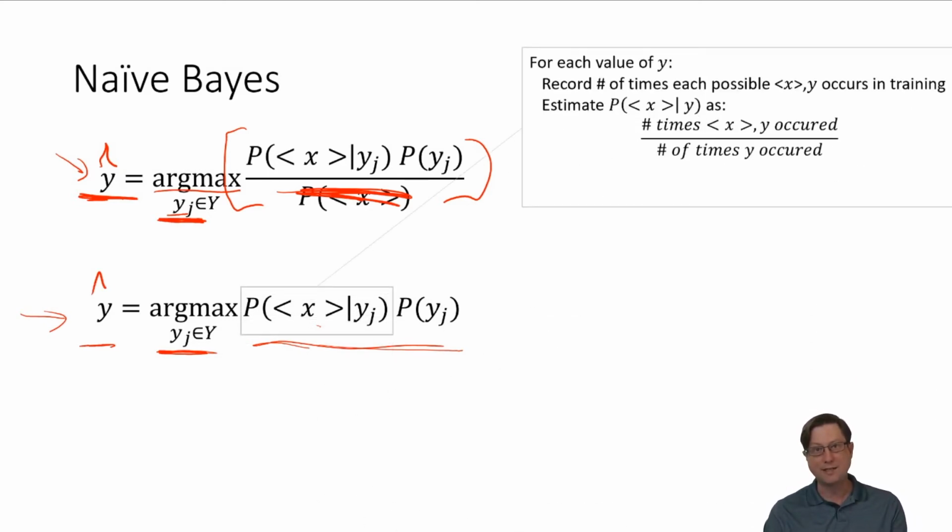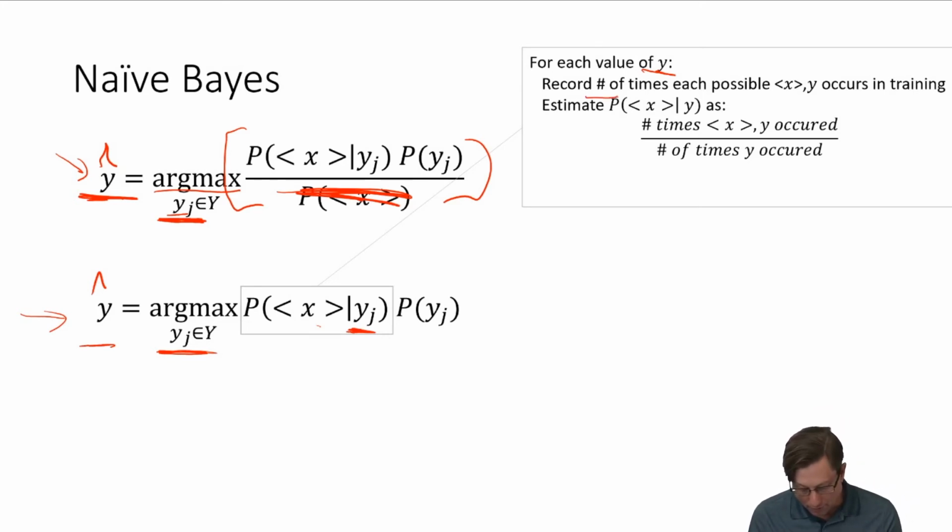Okay, that's good. Now let's take one more step. In order to calculate this thing here, what are you going to have to do? You're going to look at the training data, and use it to estimate this probability relationship. Because it's conditioned on the values of y, you're going to have to bifurcate your counts, one for each possible value of y.